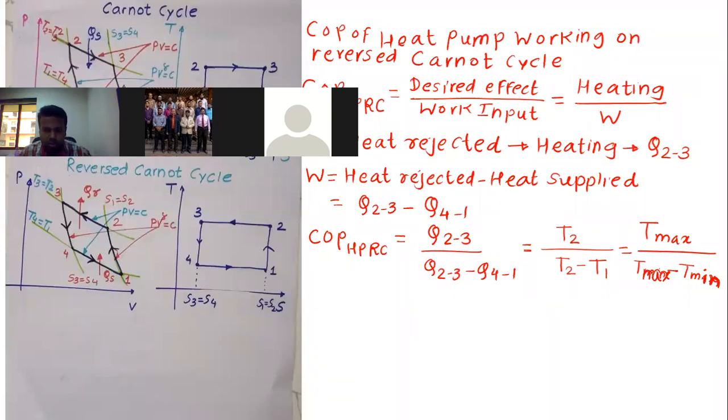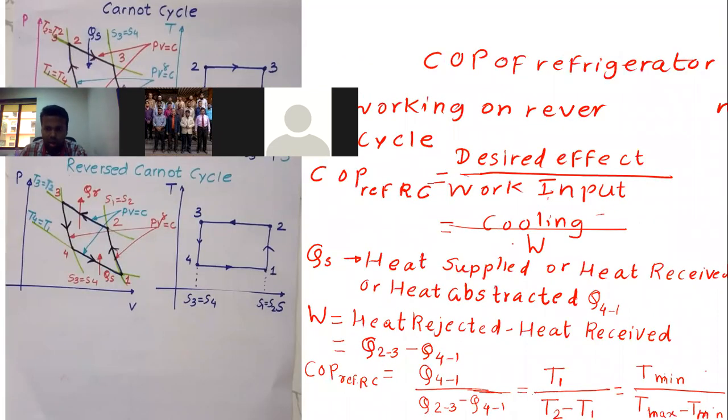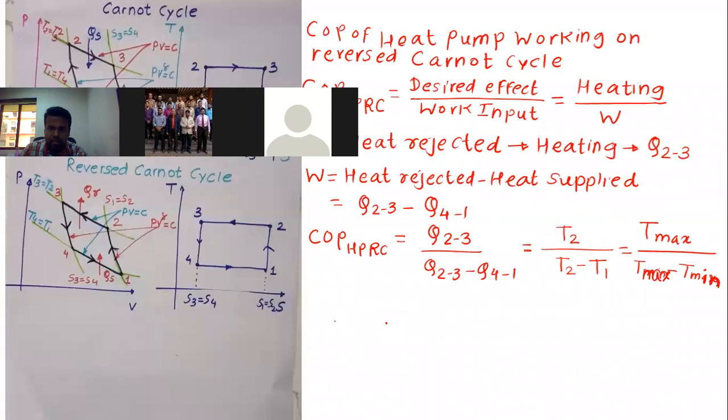If you go to the previous slide, let us see what the formula was. The formula was T min divided by T max minus T min. In the numerator we have T min, and in the denominator we have the same term, T max minus T min, right? But when you come to the heat pump, in the numerator we have T maximum.